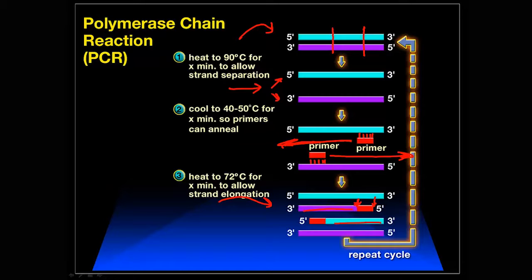I mean, how many cycles are enough? It's exponential, so 25 or 30 usually gives enough, even if you were starting with one DNA molecule. All right? PCR, similar to cloning in some ways, different in other ways, very popular if you just want to quickly amplify a particular region for whatever purpose.